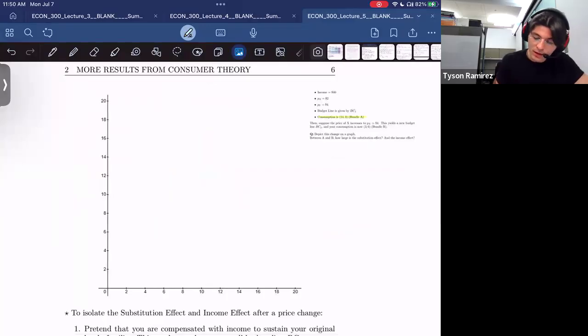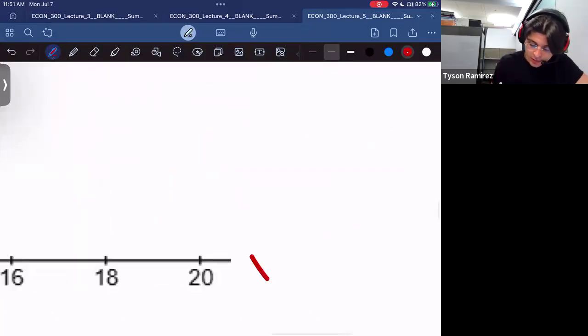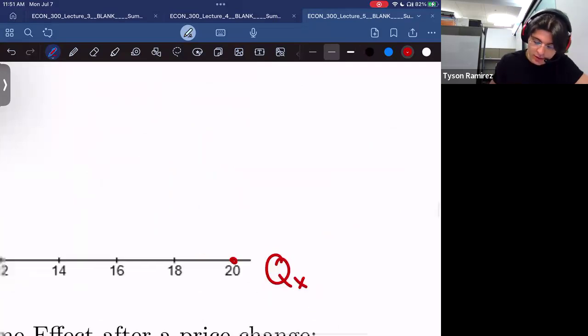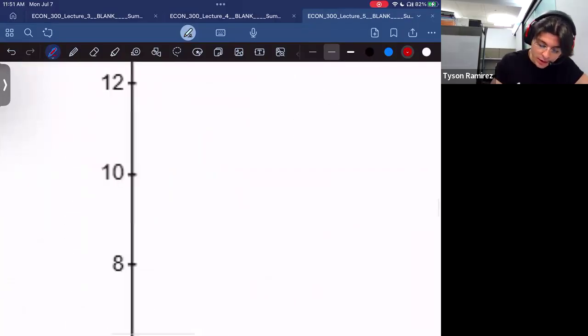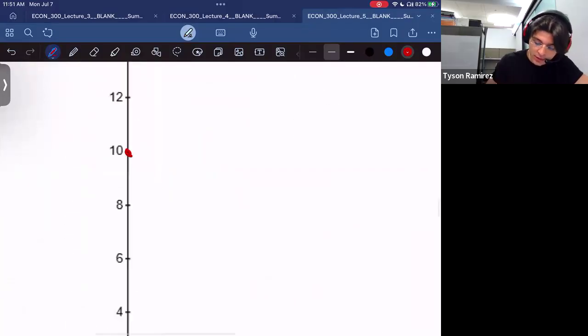If our income is $40 and the price of good X is $2, then to be even more precise, the quantity of X is 20. We could purchase a max of 20. And the quantity of Y is 10. Purchase a max of 10.